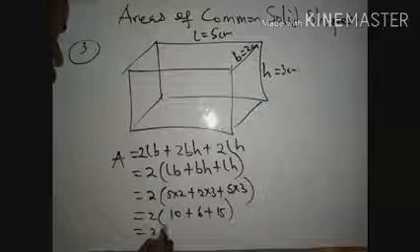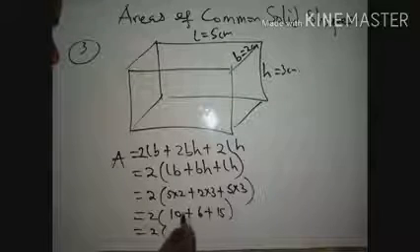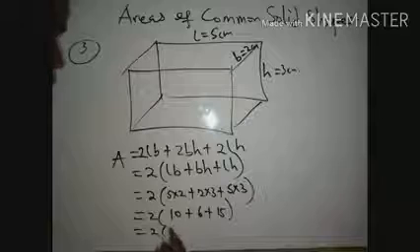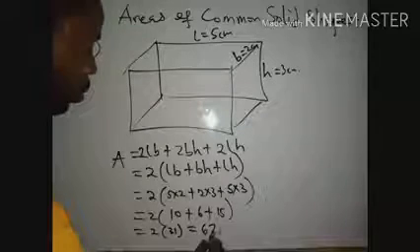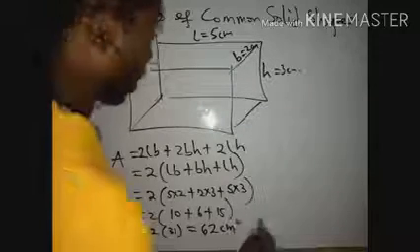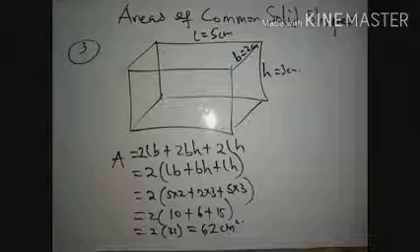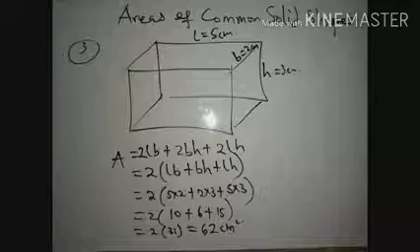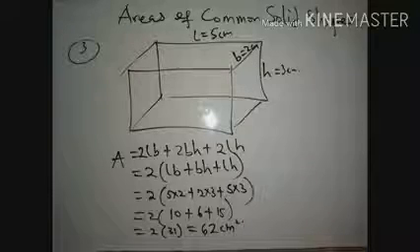And that is 2 into 31. And the answer is 62 centimeters squared, if I didn't make a mistake. It's as simple as that. You can rewind the video if it's too fast for you and learn it properly.